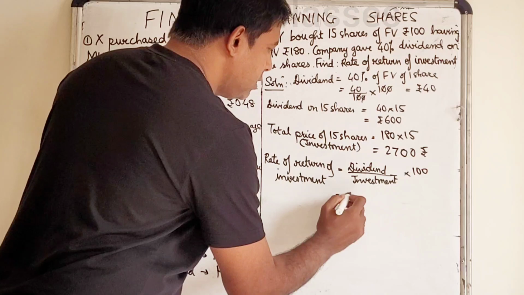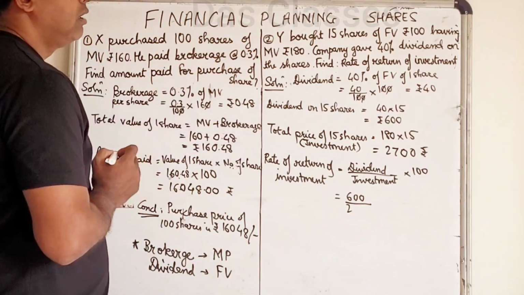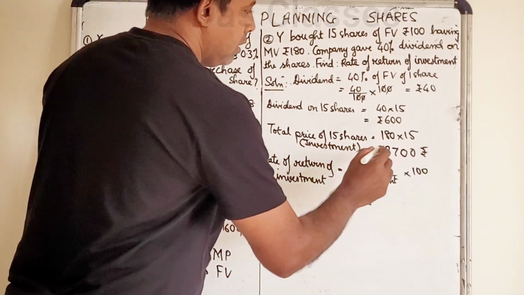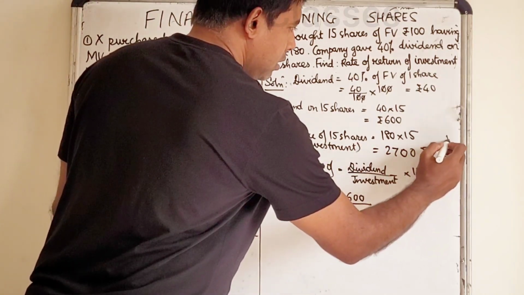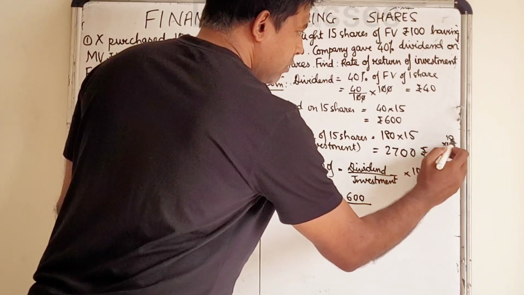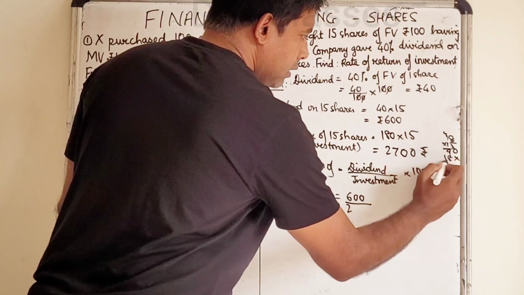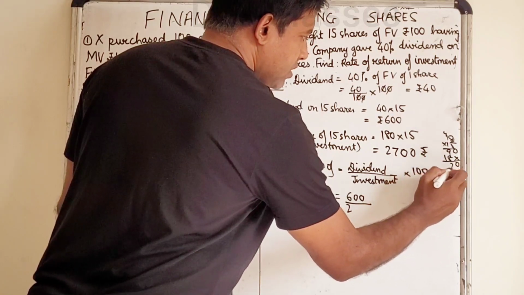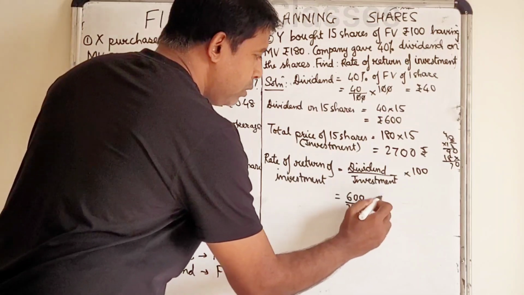So just calculate what is the dividend given to you. Dividend is given as 600 rupees and investment is 2,700. So 600 upon 2,700 into 100.